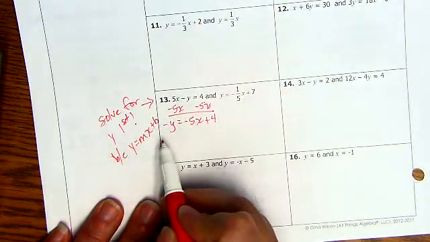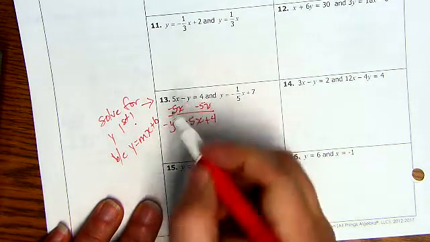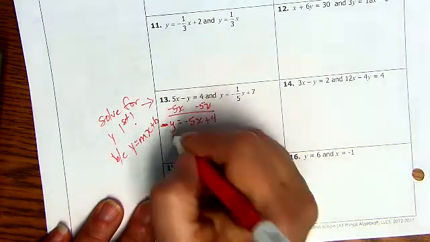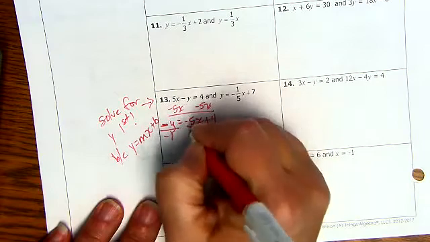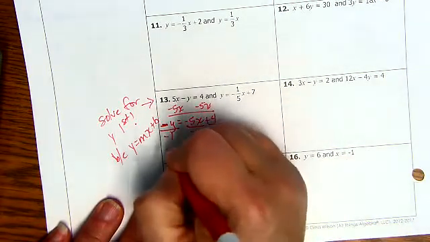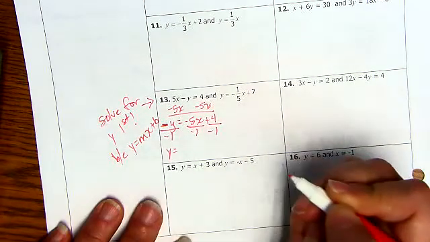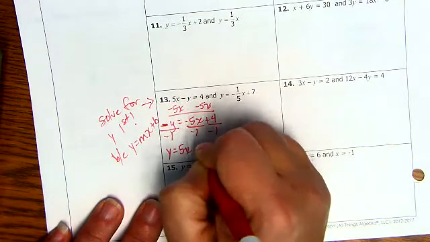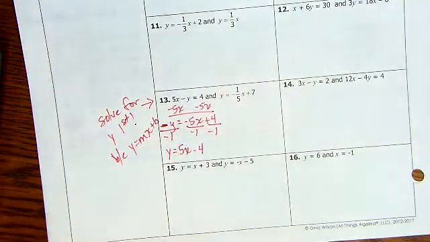This is where it can trip you up. People will forget that this is a negative right here. I can't leave it as a negative. I have to divide by -1 to everything because this will give me a different slope. It's very important that you pay attention to that. So we have y equals 5x minus 4. Now I can look at and start pulling out my slopes.